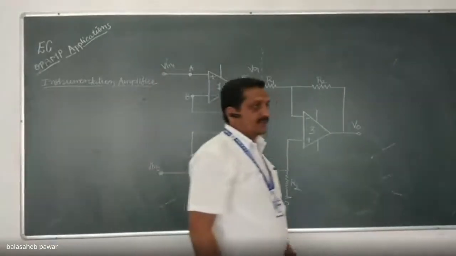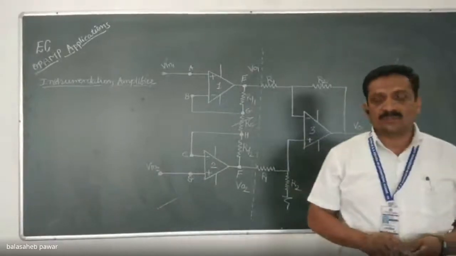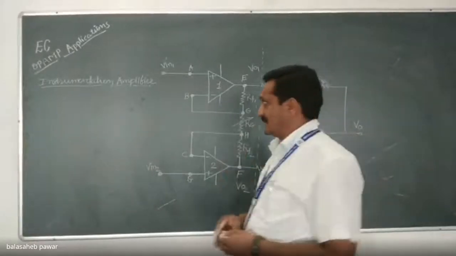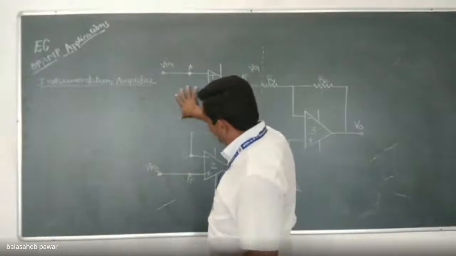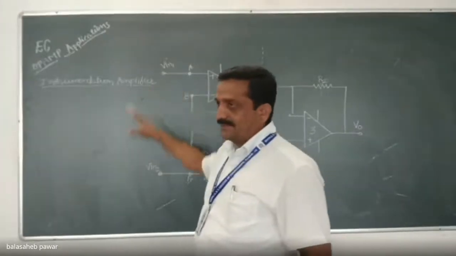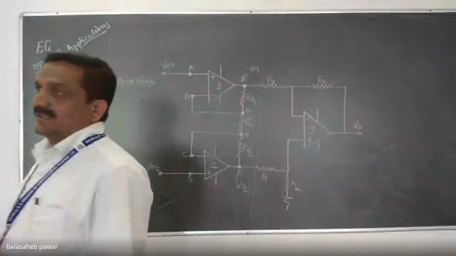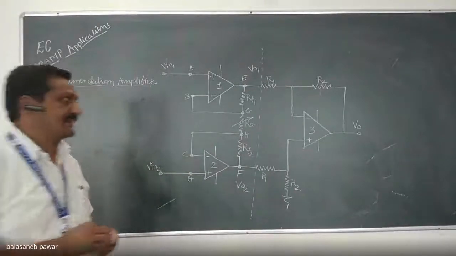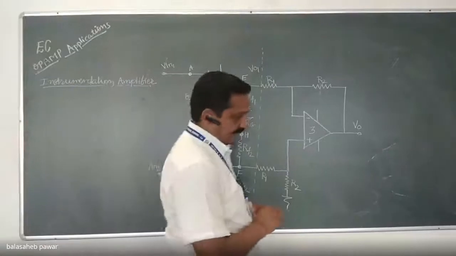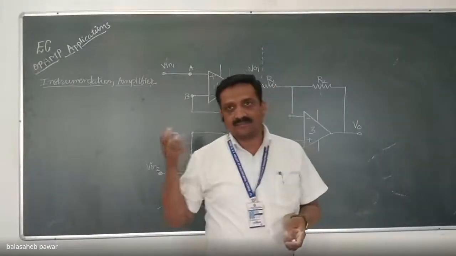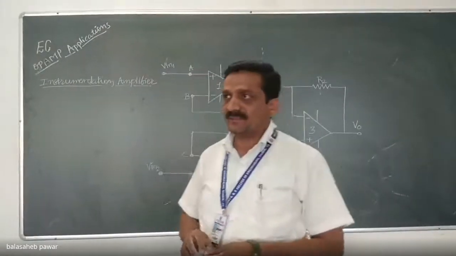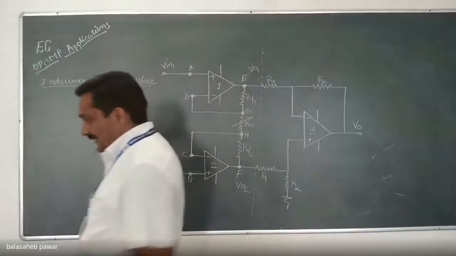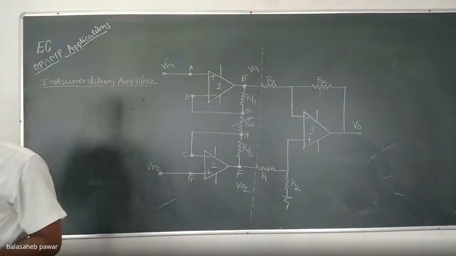Before going to that derivation part, see, as the op-amps are used in non-inverting configuration, it will provide very high input impedance. That means the input impedance offered by the circuitry is very, very high due to the op-amps in non-inverting configuration, right? In a few applications such as sensors and transducers, they are very weak signal sources.